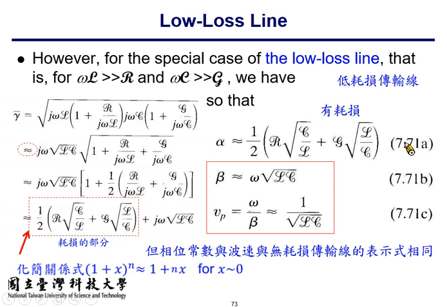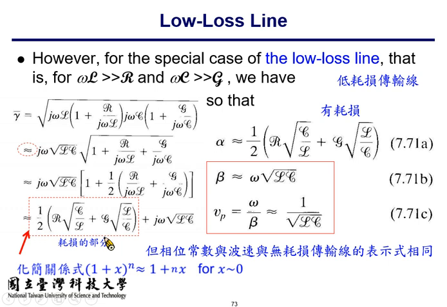So now let's take a closer look at the propagation constant expression for a low loss transmission line. This derivation is based on the assumption that the lossy parts, the resistance R and the conductance G, are small numbers.